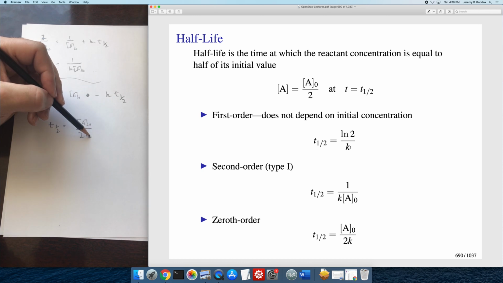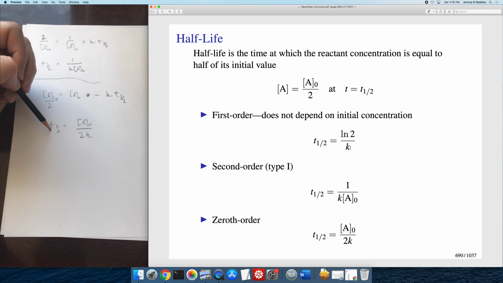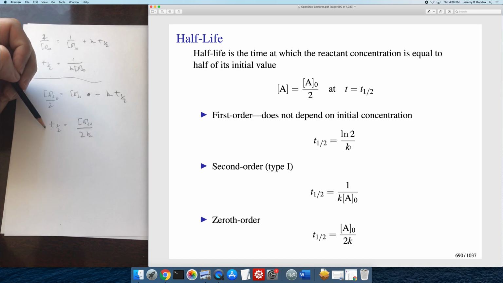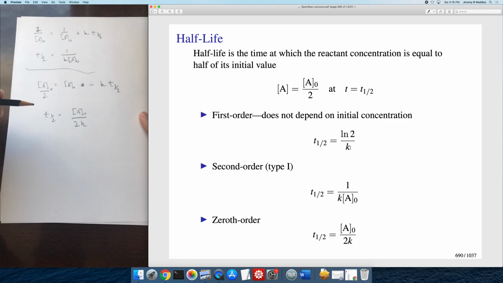Again, inversely proportional to the rate constant. So the bigger the rate constant, the faster the reaction. However, here the half-life time is directly proportional to the initial concentration. So the more you have, the longer the half-life time. But as the reaction goes on and on, the initial concentration that you can imagine starting with decreases, and so the half-life gets shorter and shorter.